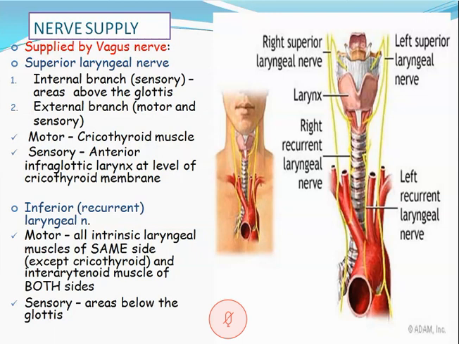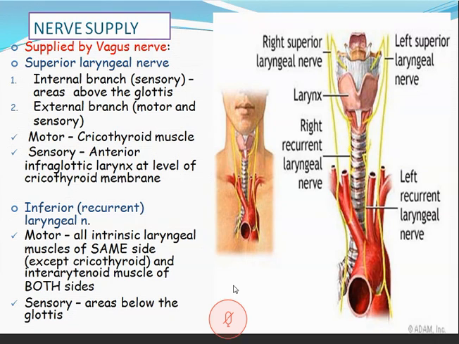The inferior or recurrent laryngeal nerve is motor to all intrinsic laryngeal muscles of the same side except the cricothyroid. The interarytenoid muscle on both sides is innervated by both recurrent laryngeal nerves.